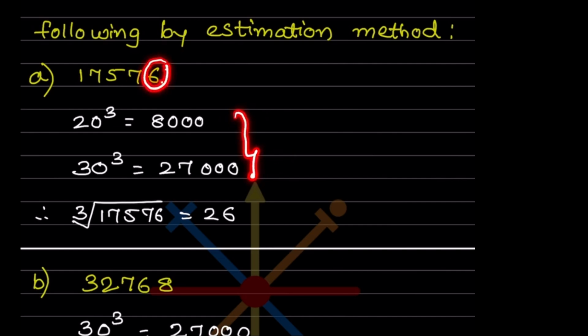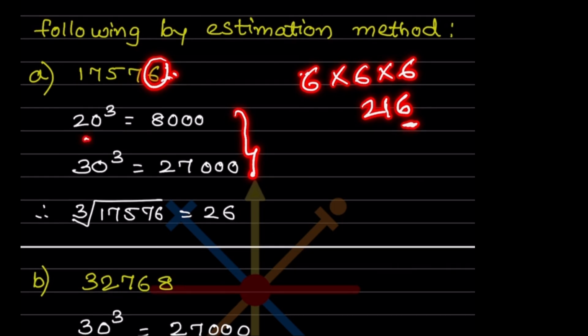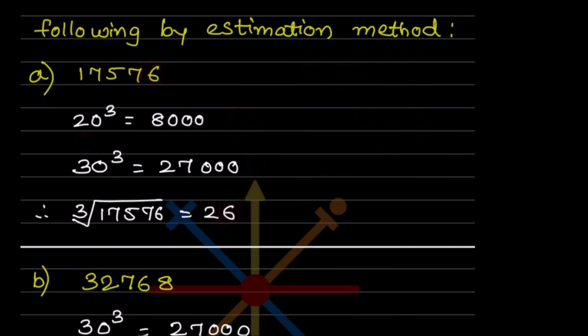So the unit digit is 6. Where do we get 6 in a cube? That we have to see. The only possibility of getting 6 is 6 into 6 into 6, that is going to be 216. So here is 6. So that will definitely be 20 and this 6, you get unit place as 6. So that is going to be 26.